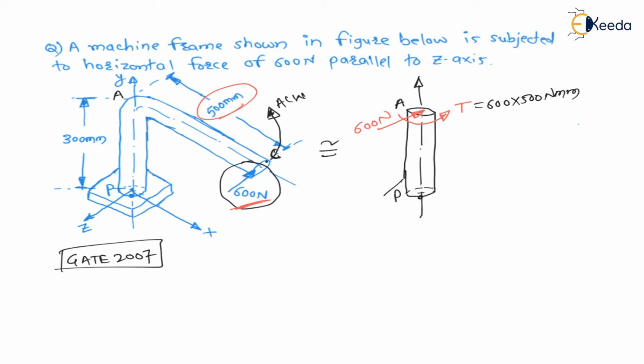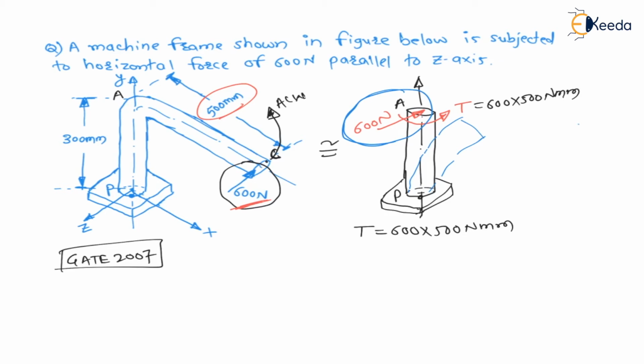And point P is located here. The point P is also given in the diagram. Now can you imagine, in this question the torque is given 600 into 500 Newton mm, and the 600 Newton force at location A is trying to bend the beam in backward direction, right?